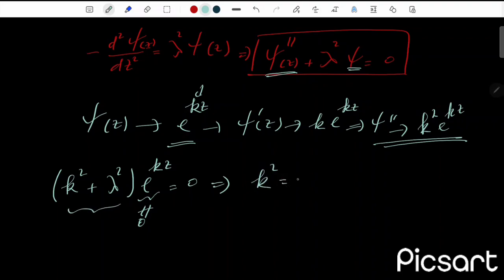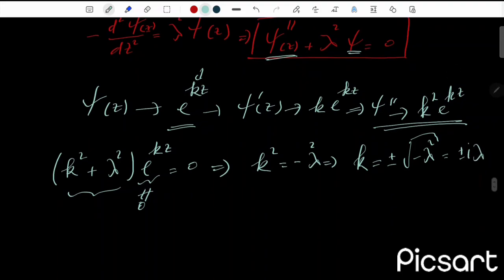Then k squared is equal to minus lambda squared, so that we have k equal to plus or minus the square root of minus lambda squared, which is equal to plus or minus i lambda.